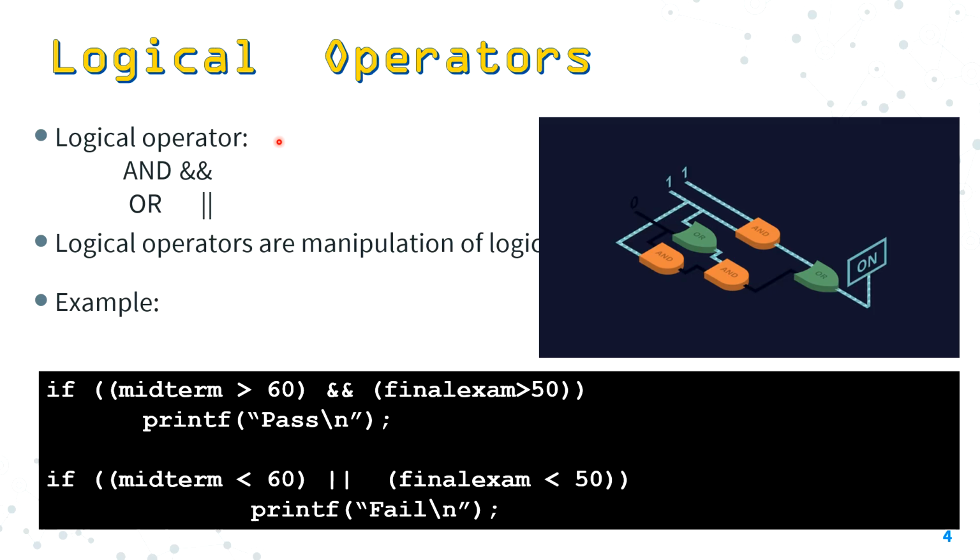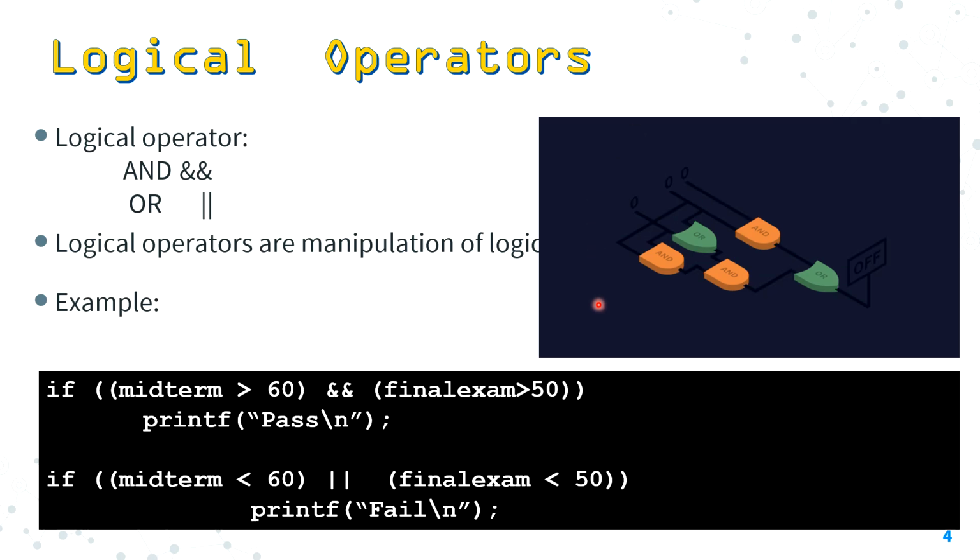That is exactly what logical operators do. On the screen, you see a diagram of logic gates, which represents how computers process the true, false combination in logical operators. So logical operators let us link multiple smaller conditions together to form one big decision.